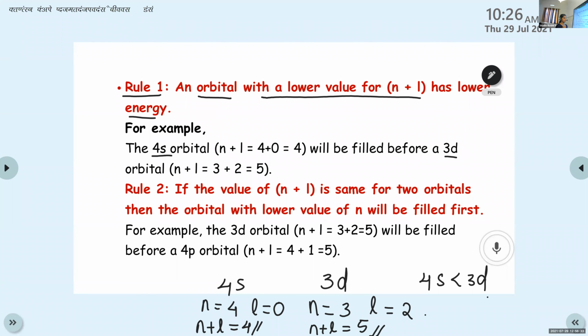According to rule 1, an orbital with a lower value for n plus l has lower energy. For 4s, n plus l is equal to 4, and for 3d, n plus l is 3 plus 2 equal to 5. This is rule number 1.